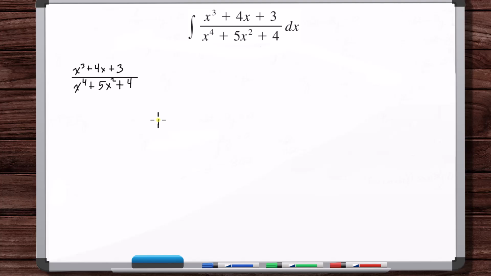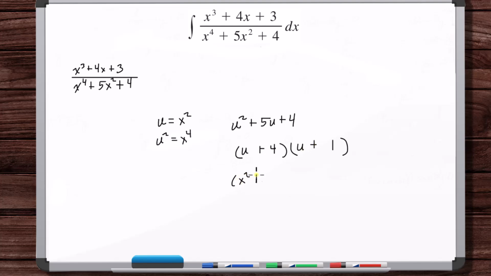If we say that u is equal to x squared, therefore u squared is equal to x to the 4th. So we've got u squared plus 5u plus 4, so x squared plus 4 times x squared plus 1.